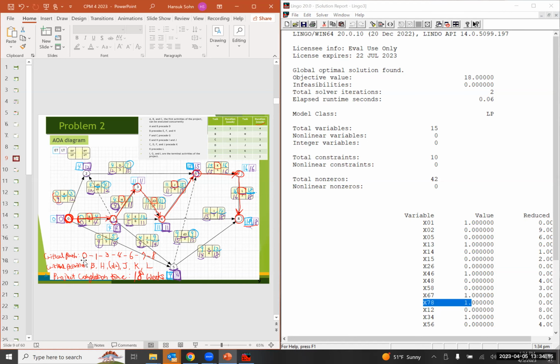Down here, critical path is 0, 1, 3, 4, 6, 7, 8. In a way, we have P, H, J, K, R as the critical activities.